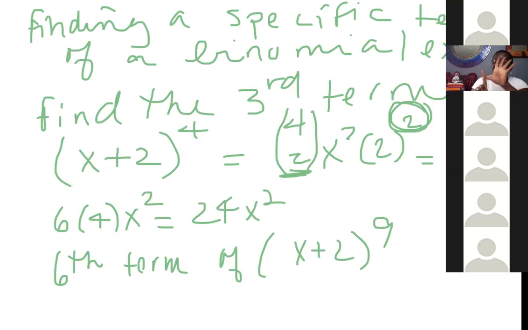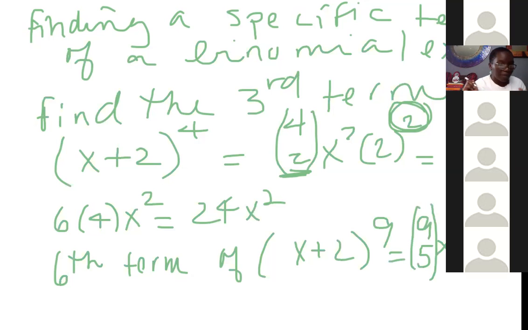Okay, so we got the 6th term, but what's the power on the x? The power on the x is going to be 4. And to make up for it, the other term must have a power of 5, because when you add 4 and 5 together, it has to give you 9. Now, for the coefficient, it's going to be 9 choose 5.